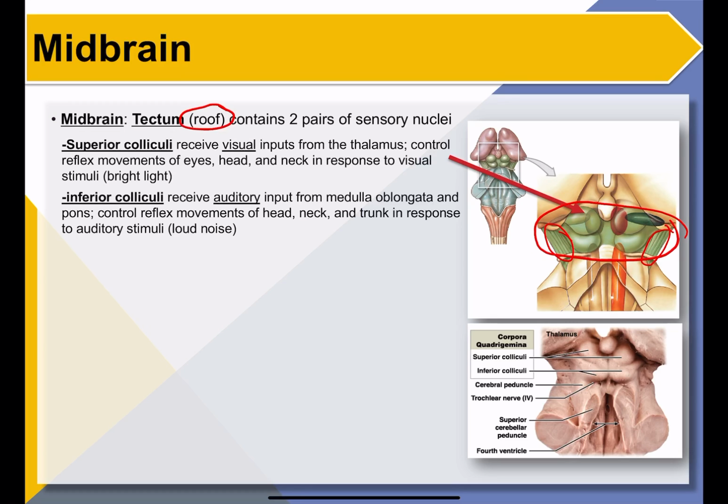Now, before I talk about these nuclei, make sure you understand that the nuclei in the brain is not the same as nucleus in a cell. They're both spelled the same way, okay, nuclei in cells versus nuclei in the brain, but they don't refer to the same stuff. It's not the nucleus of the cell. A nuclei in the brain refers to a cluster of neurons in the brain that tends to have similar connections and functions.